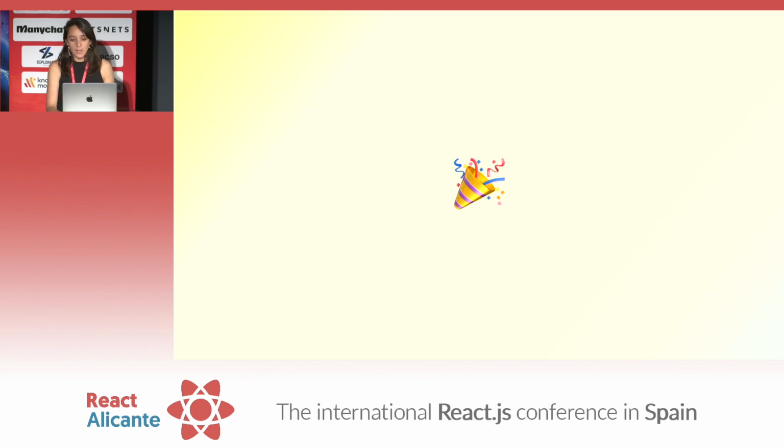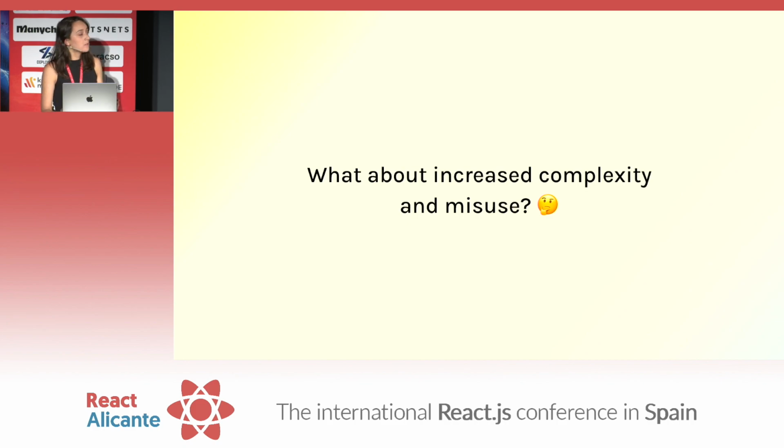Before wrapping up, I'd like to put a bit of perspective on those patterns and address some potential drawbacks. Because the common point of all those patterns is to give consumers more control over semantic elements, over ARIA attributes, but it also carries an increased complexity and a potential for misuse, right?